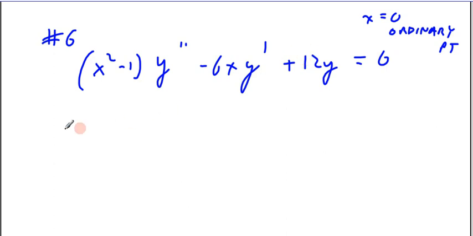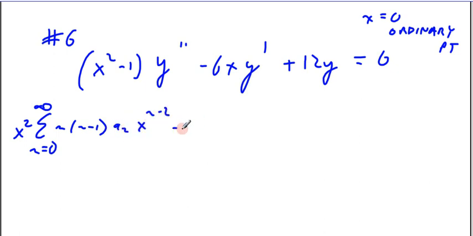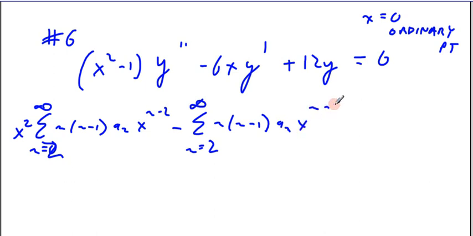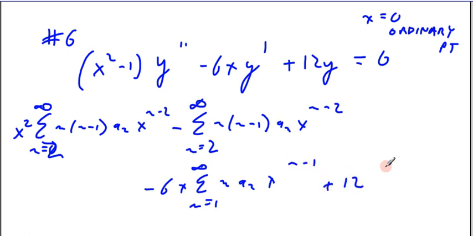And so I've got x squared summation 0 to infinity n minus 1 an x to the n minus 2, minus summation n equals 2 to infinity n minus 1 an x to the n minus 2, minus 6x summation n equal 1 to infinity an x to the n minus 1, plus 12 summation n is equal to 0 to infinity an x to the n is 0.